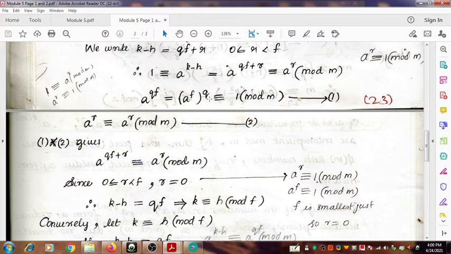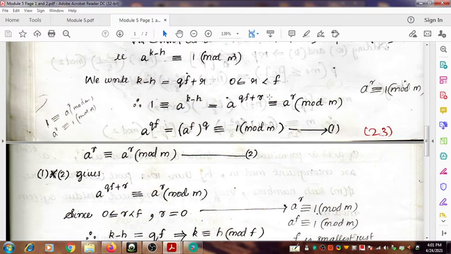That is a raised to qf into a raised to r, which combines to a raised to qf plus r, and is congruent to 1 into a raised to r, that is a raised to r. Therefore we get this congruence: a raised to qf plus r is congruent to a raised to r mod m.